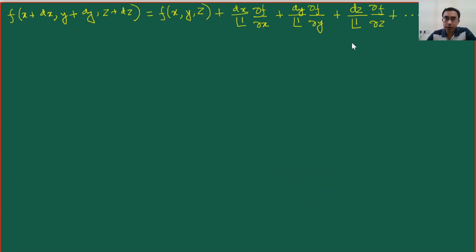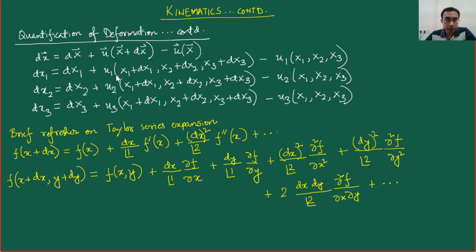the writing out of the terms up to here, and by comparing this f of x plus dx, y plus dy, z plus dz with the u1, for example, as it depends on x1 plus dx1, x2 plus dx2, x3 plus dx3, I can write down the Taylor series expansion of this term.